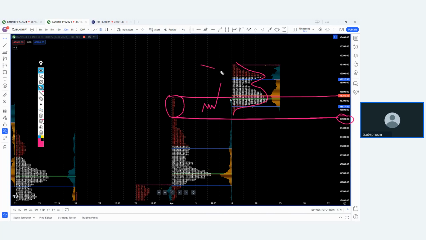So this is not a good positive structure for the bulls. It's a kind of neutral view at this point of time, because we cannot say that it is completely bearish, and we cannot say that it is not a bullish structure, because the profile itself is saying that it is not interested in going higher or making any directional bias, because we have balanced markets.